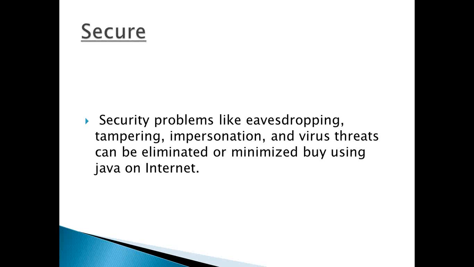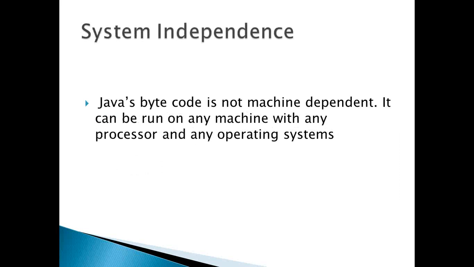You are not going to secure money or lockers or something. The primary thing is we should save our software. By using the concept of encapsulation, public, private, protected and so on, we are going to save our software. So this is one feature of Java.